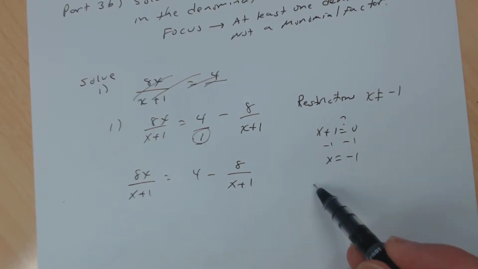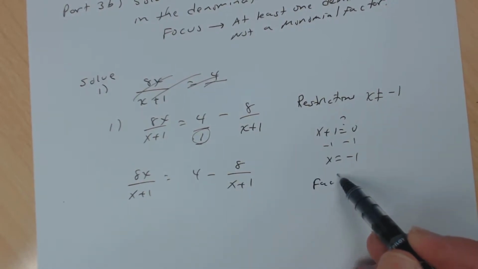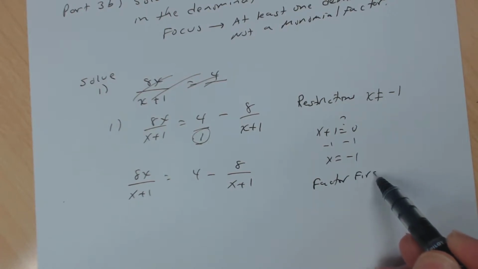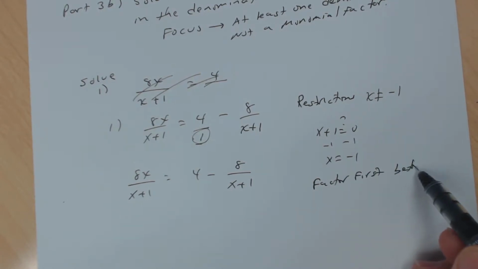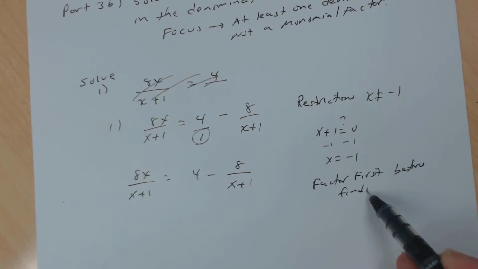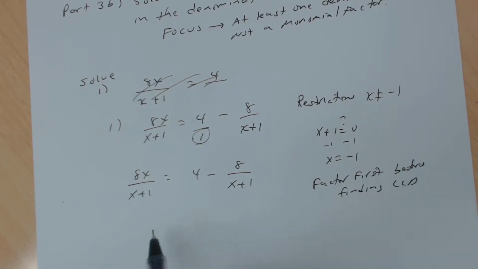Now remember, to find the LCD, you have to factor first. So x plus 1, there's nothing I can do there. It's prime. The GCF is 1. It's a linear factor, so there's nothing you can do.